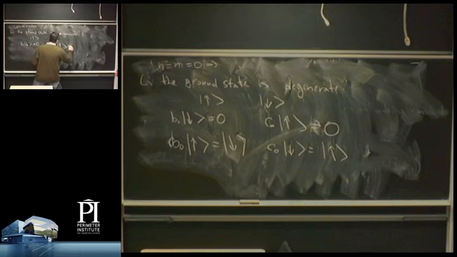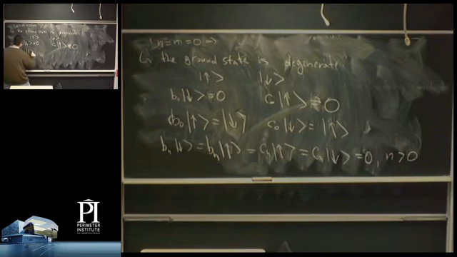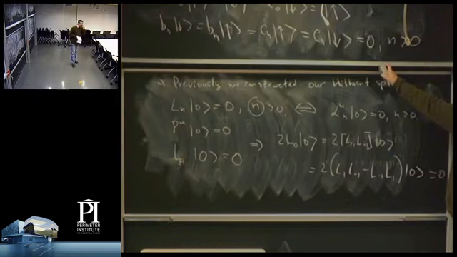Okay. B naught acting on an up state gives a down state, and C naught acting on a down state gives an up state. Okay, so that's the action of B naught and C naught on the ground state.